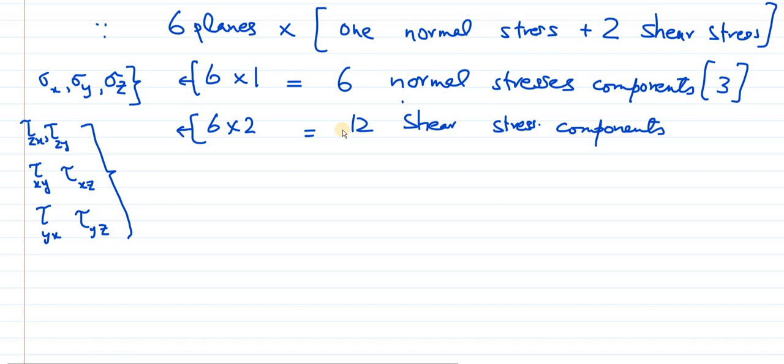But again, by now we have only used the condition of equilibrium to reduce 6 normal stress components to 3 and 12 shear stress components to 6. So we need to know 3 normal stresses in total and 6 shear stresses in total.